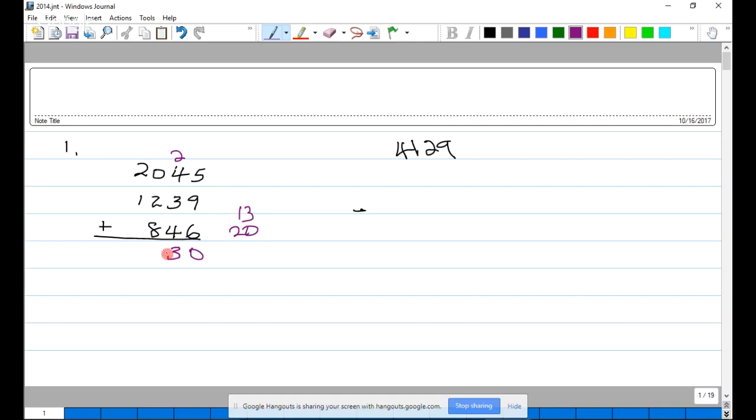So we're going to write 3 and carry 1. So 1 and 2 would be 3. 3 and 8 would be 11. So we're going to write 1 and carry 1. 1 and 2, 3. 3 and 1, 4. Are we good with that? Yes, sir. All right, so let's be careful of our addition.